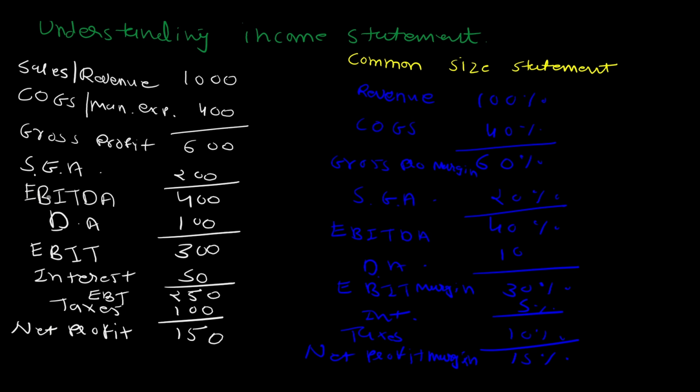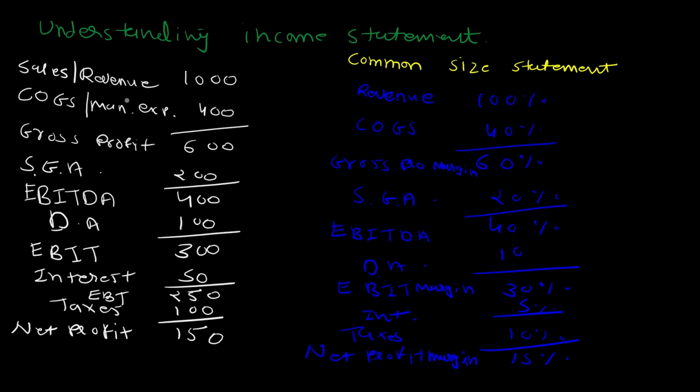That gives us the EBITDA, earnings before interest, tax, depreciation and amortization, of 400. Depreciation and amortization, suppose 100, gives EBIT, earnings before interest and tax, of 300. Interest is 50. It gives EBT 250, tax is 100 and net profit 150. This is the basic simplified format of the income statement.